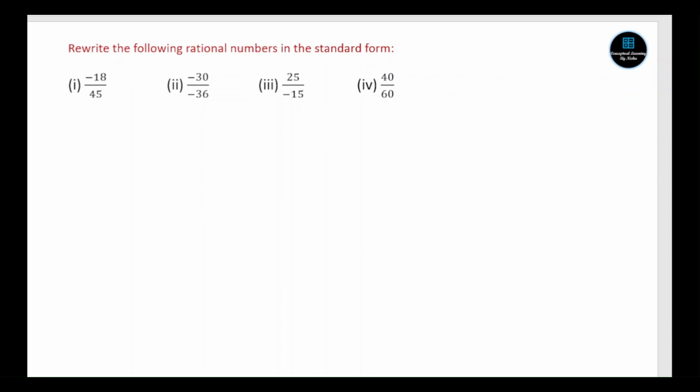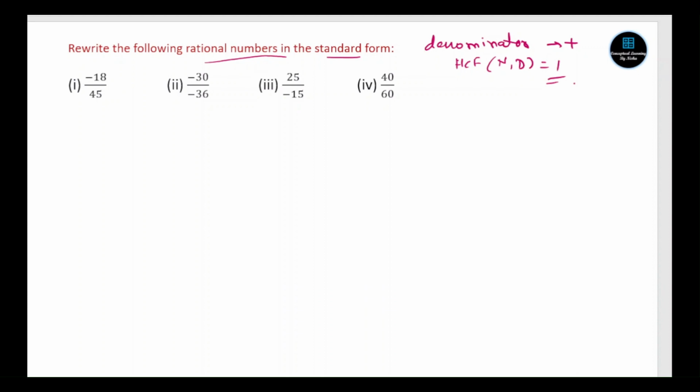Alright. Now some questions are given. We have to rewrite the following rational numbers in their standard form. So which two conditions should be fulfilled? The denominator positive, and the HCF of numerator and denominator is always 1.